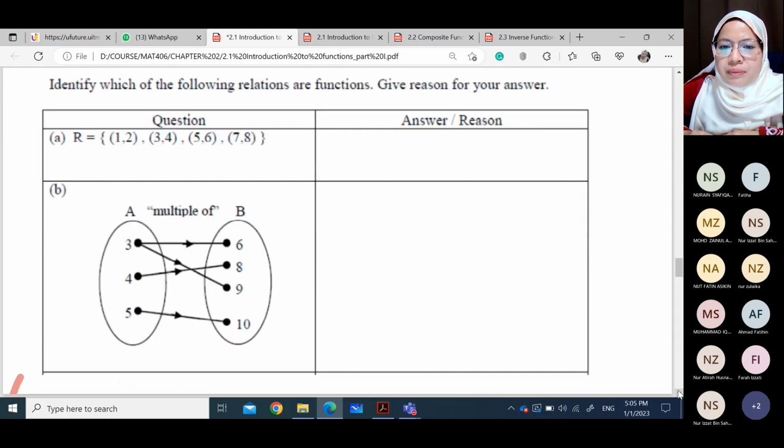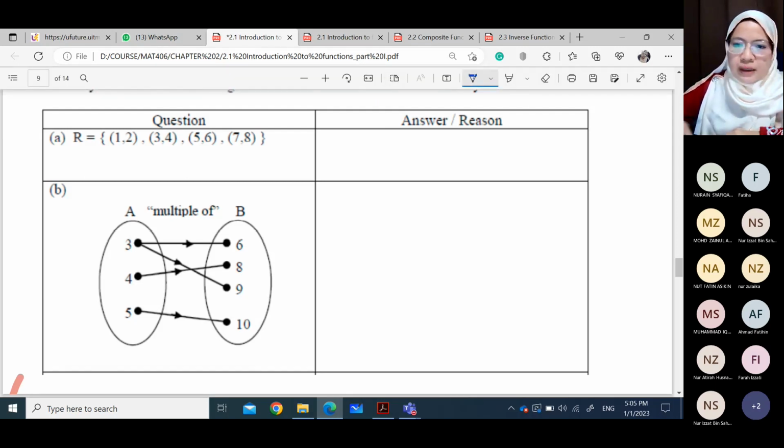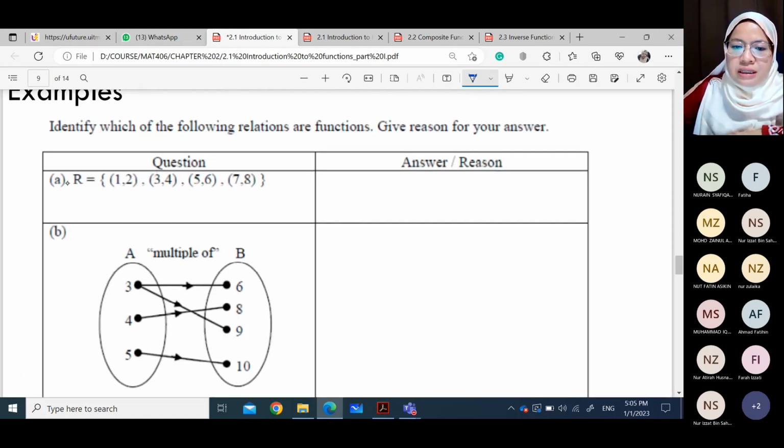Right, so now look at this example. Identify which of the following relations are functions, and give reasons for your answer. In the first column, it is about relation. Let's look at the first relation. We have these ordered pairs: 1, 2, 3, 4, 5, 6, 7, 8. Object 1 is mapping to 2, 3 is mapping to 4, 5 is mapping to 6, and 7 is mapping to 8.